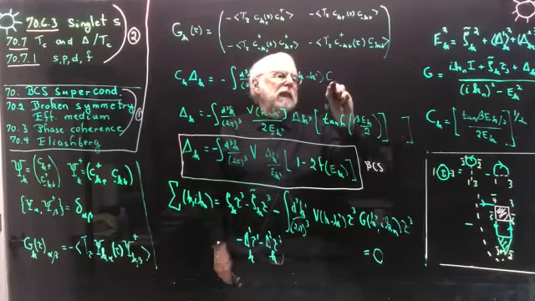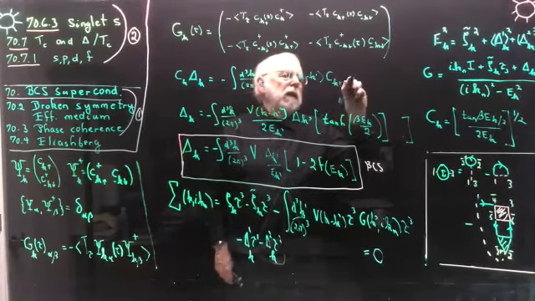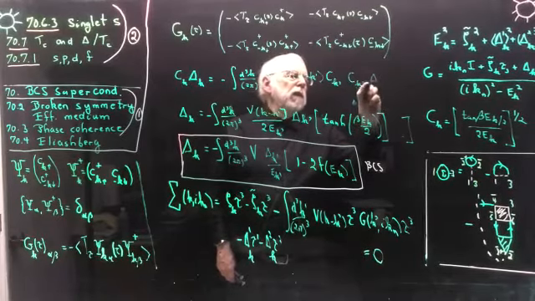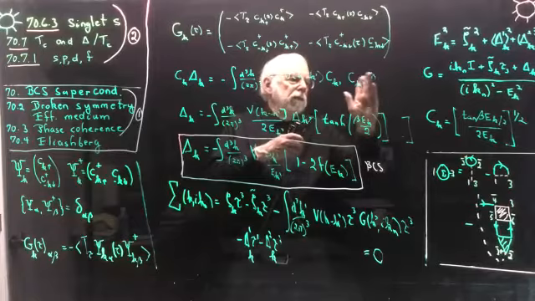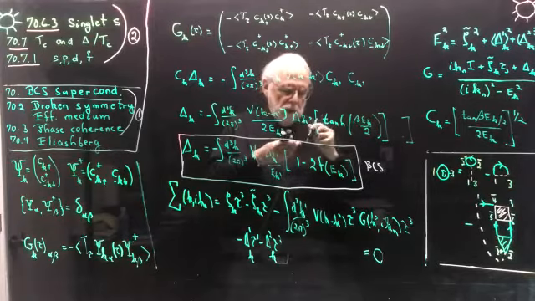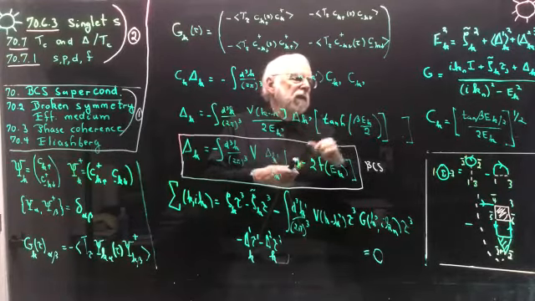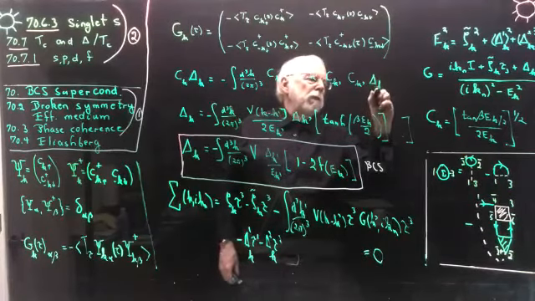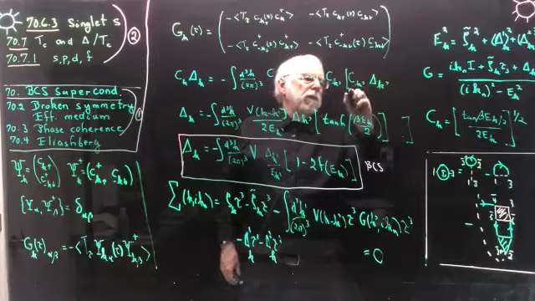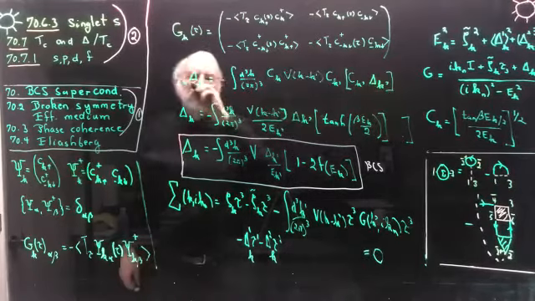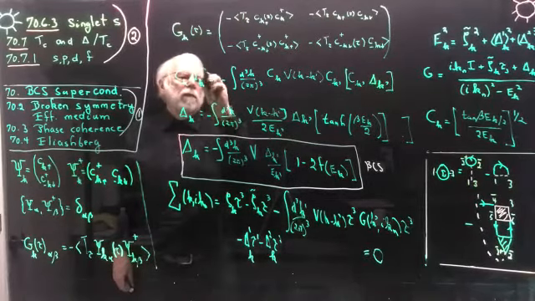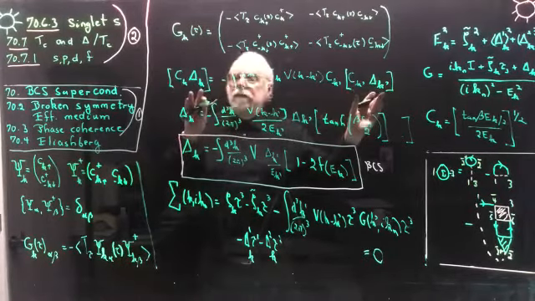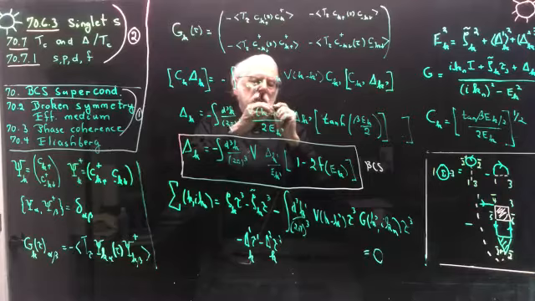So I have CK prime times CK prime delta of K prime. And V is negative here, so there's a solution. Okay, that's positive. I'm sorry, we don't know that yet.